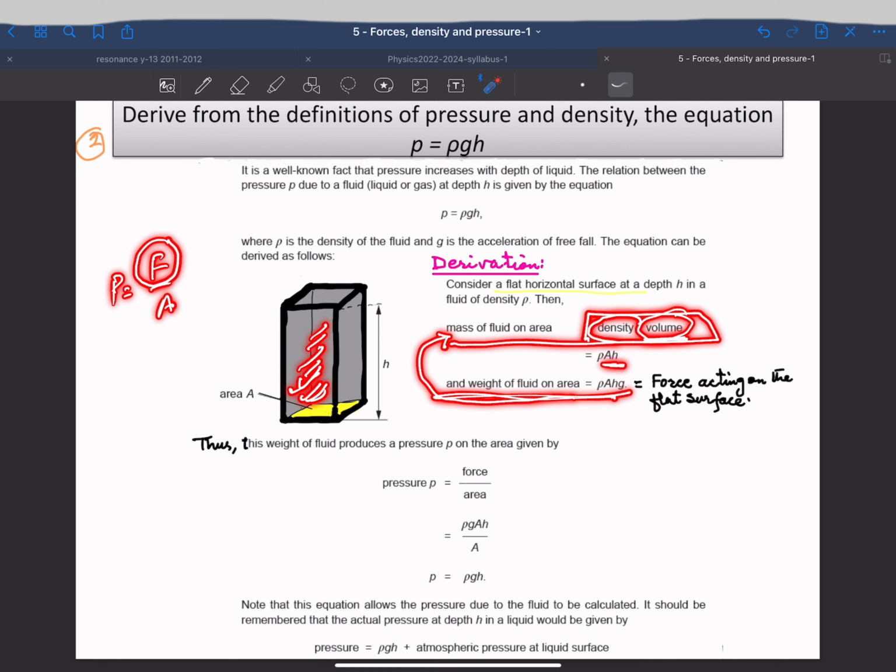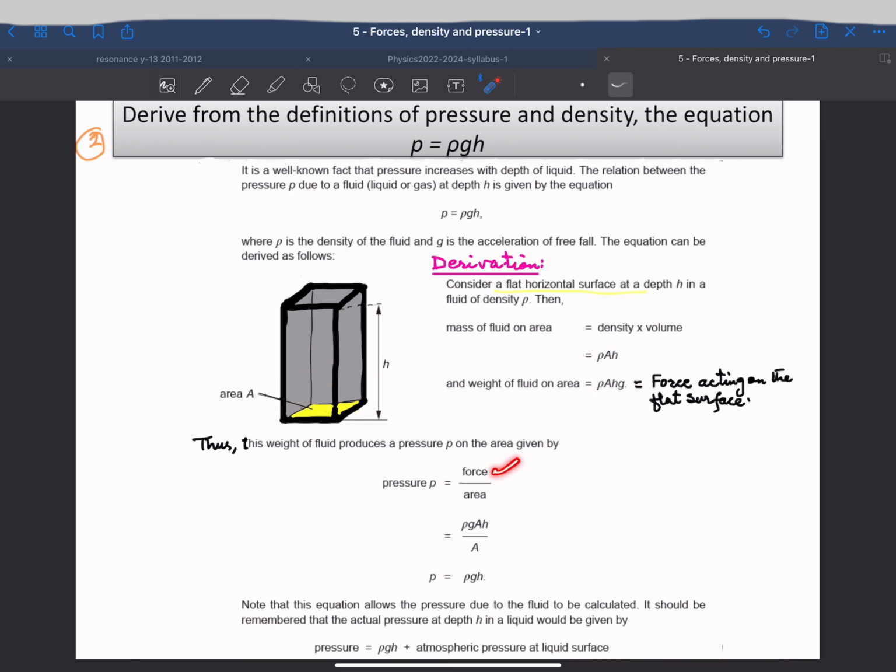When you multiply this by density, you get rho Ah, which is nothing but the mass. And when you multiply this mass by g, as I said before, mg is giving you the weight, and this weight is nothing but the force. So as I said, this force we have used here, and we are getting this simple formula, which is P is equal to rho gh. So this is something which we can do for the derivation of this formula.